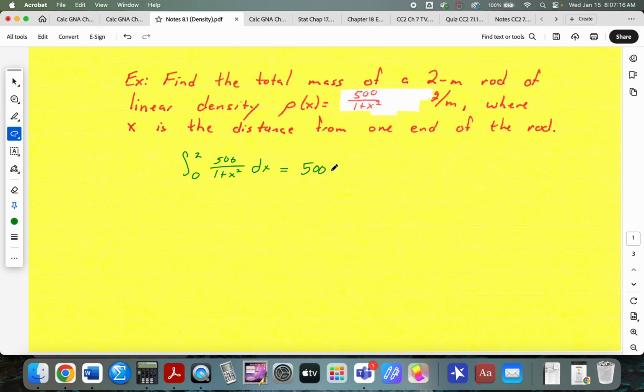Yeah, that's exactly right. It's 500 times the tangent inverse of x from 0 to 2. So that's 500 tangent inverse of 2 minus 500 tangent inverse of 0.